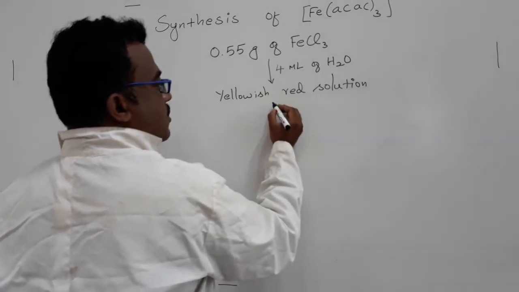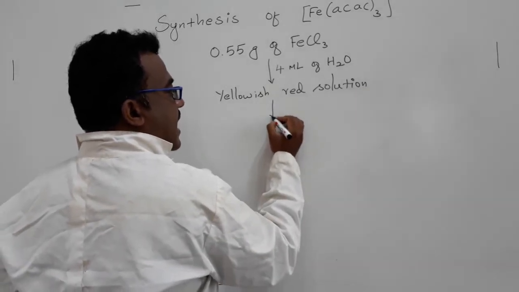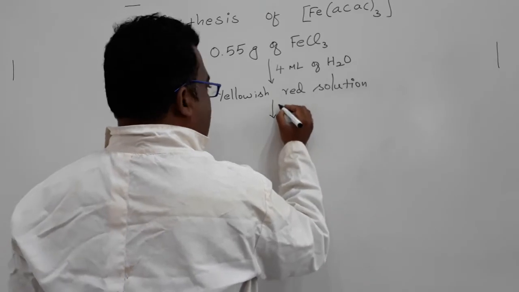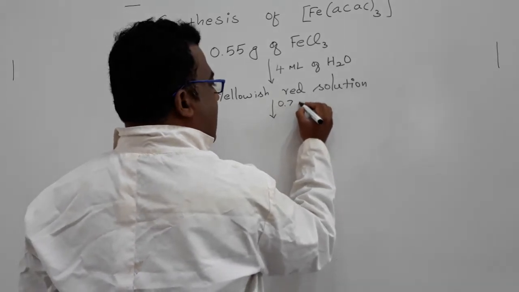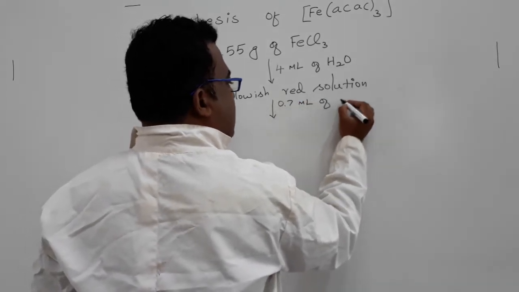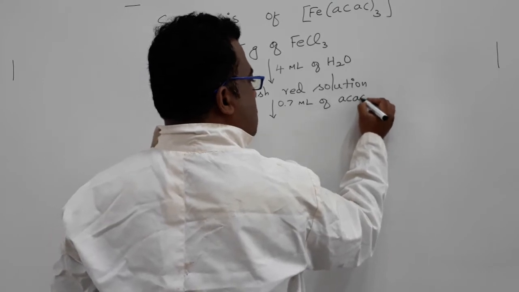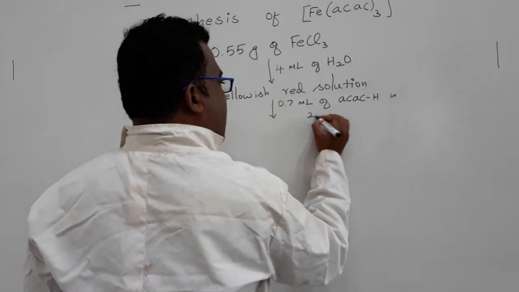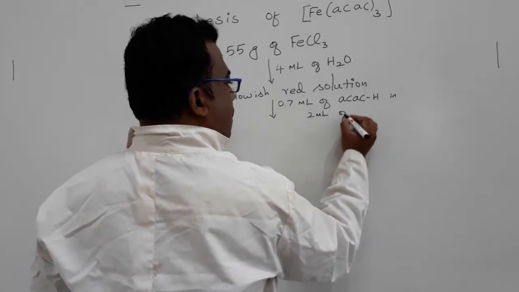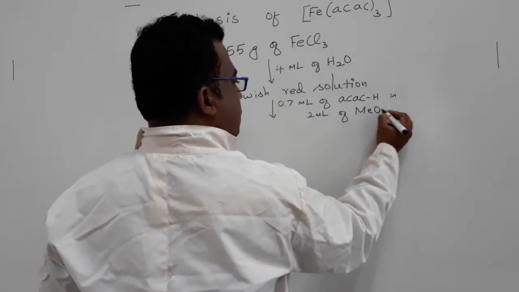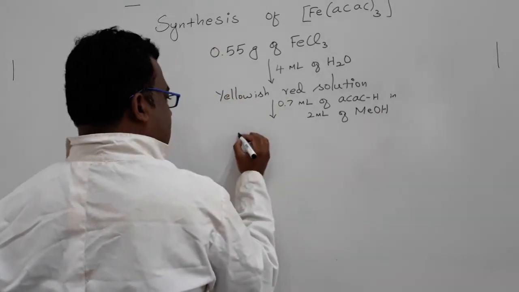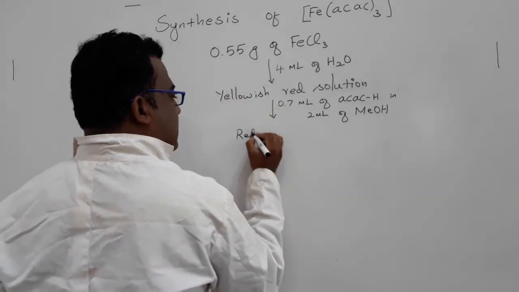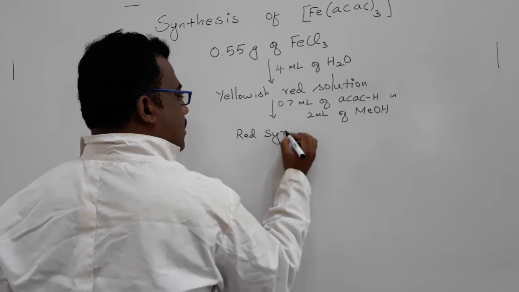This yellowish red solution is further reacted with 0.7 ml of acetyl acetone in 2 ml of methanol. You will get a red syrupy liquid.